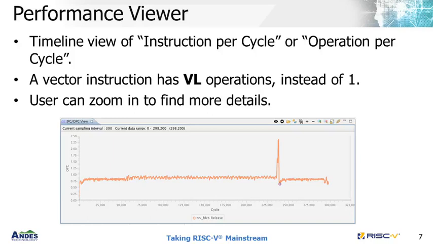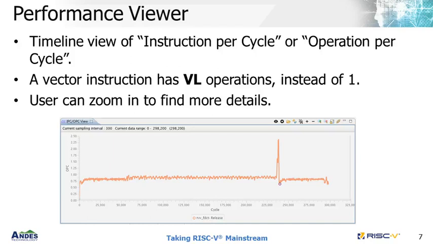The performance viewer is a timeline view of the instruction per cycle or the operation per cycle metric. Most people should be familiar with the metric of instruction per cycle. As for the metric of operation per cycle, it is designed especially for vector instructions. A vector instruction has VL, that is vector length, operations instead of one operation.